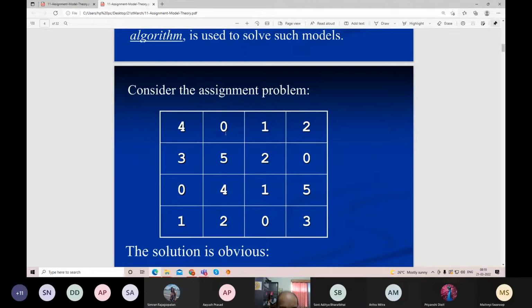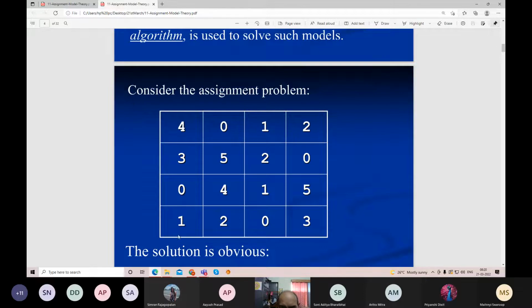In the first row, the 0 is the second one, which is representing x12. Then in the second row, there is a 0 representing x24. Then in the third row, that 0 is representing x31.